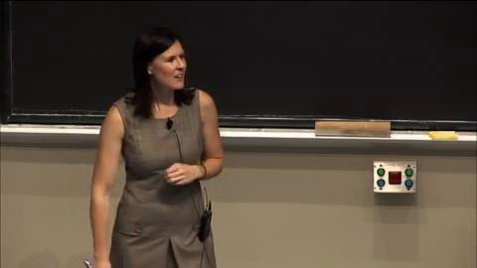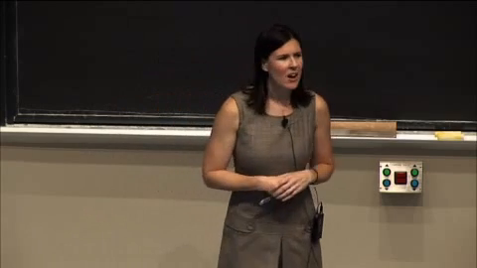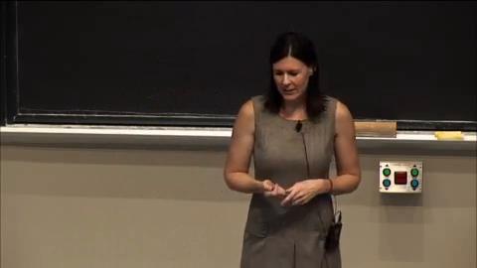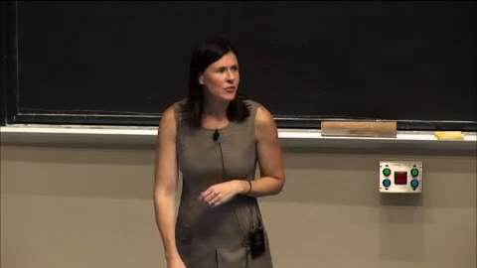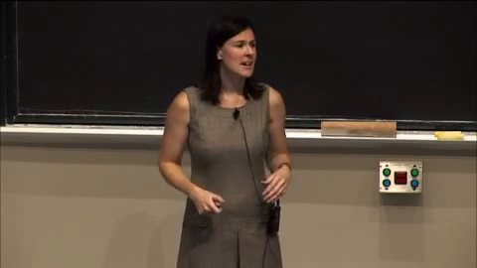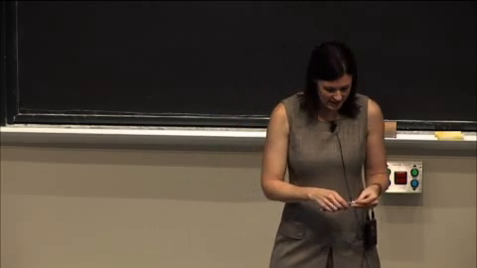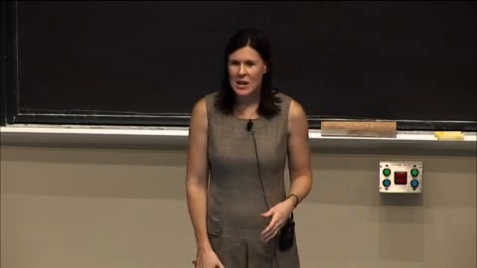So you hear in a lot of different creams or products or vitamins that they have antioxidants in them which get rid of free radicals. The reason you would want to get rid of free radicals is that free radicals can damage DNA. So they're incredibly reactive. It makes sense that if they hit a strand of DNA, they're going to react with the DNA. You end up breaking the strands of DNA and causing DNA damage. So this is actually what happens in aging because we have a lot of free radicals in our body.